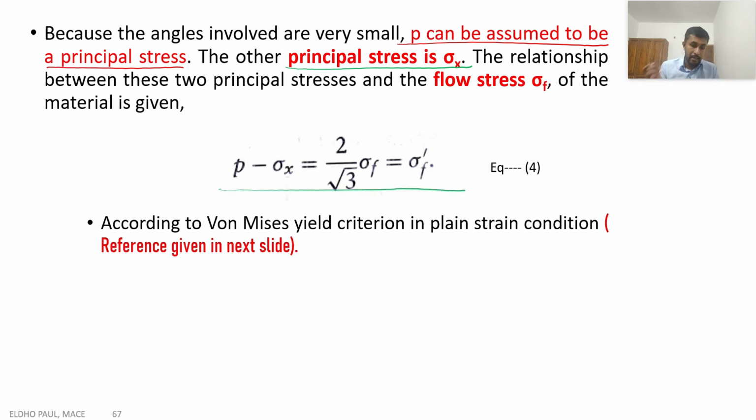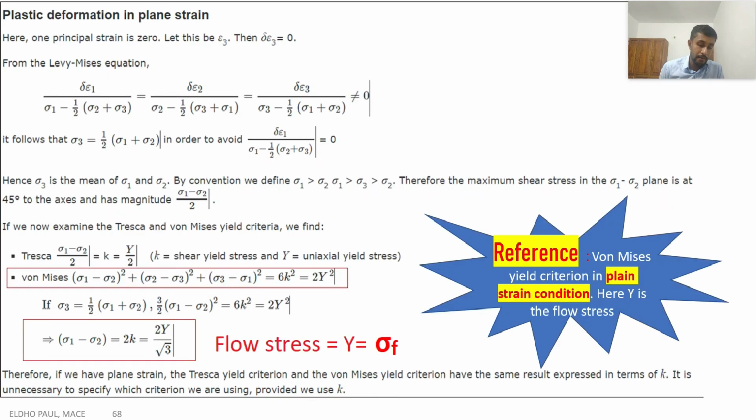We studied the von Mises criteria in the last lectures. The von Mises yield criterion is: sigma 1 minus sigma 2 whole square plus sigma 2 minus sigma 3 whole square plus sigma 3 minus sigma 1 whole square is equal to 2 sigma 0 square.